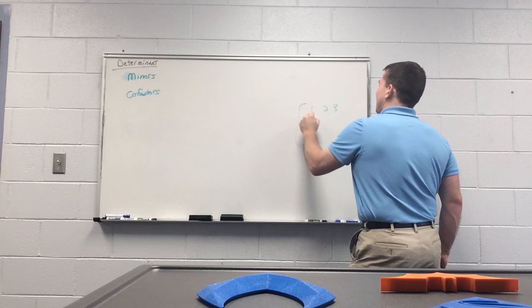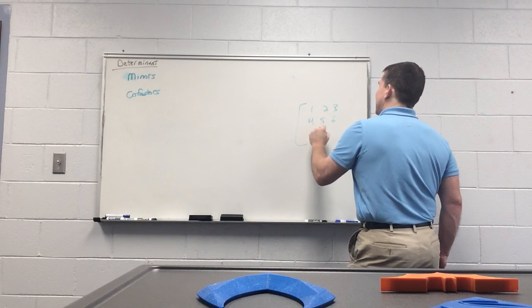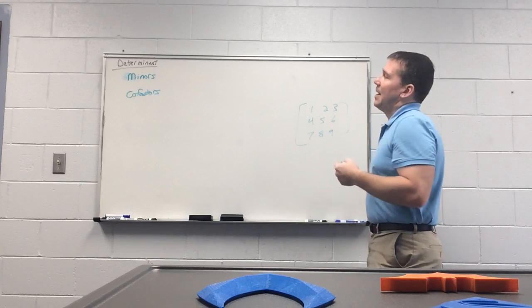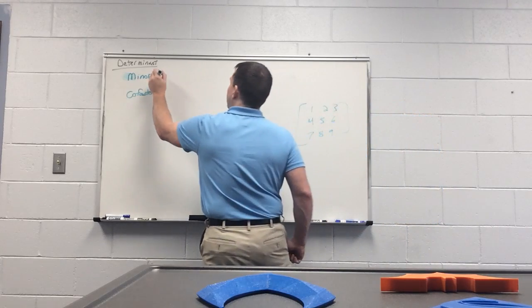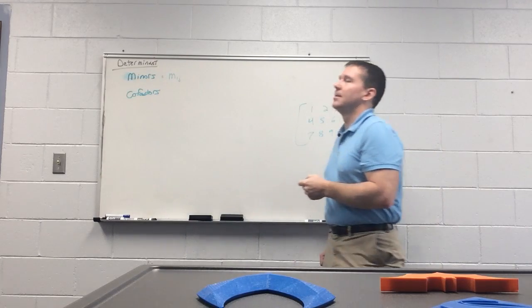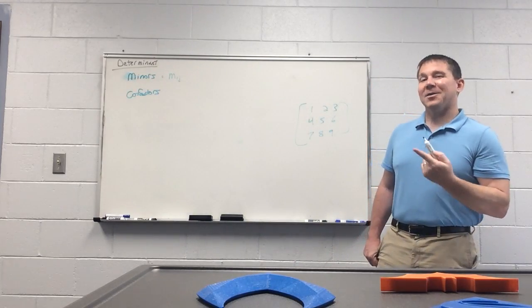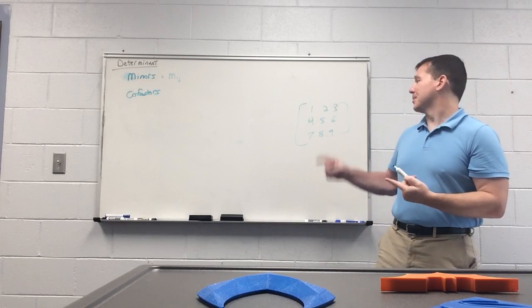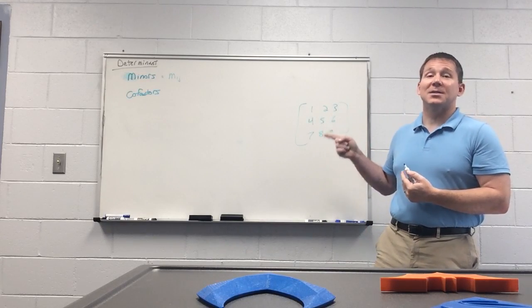We'll go with 1, 2, 3, 4, 5, 6, 7, 8, 9. And for our minors, we label them as M_ij. It's the minor of the ith row and the jth column, one of the entries in the matrix.